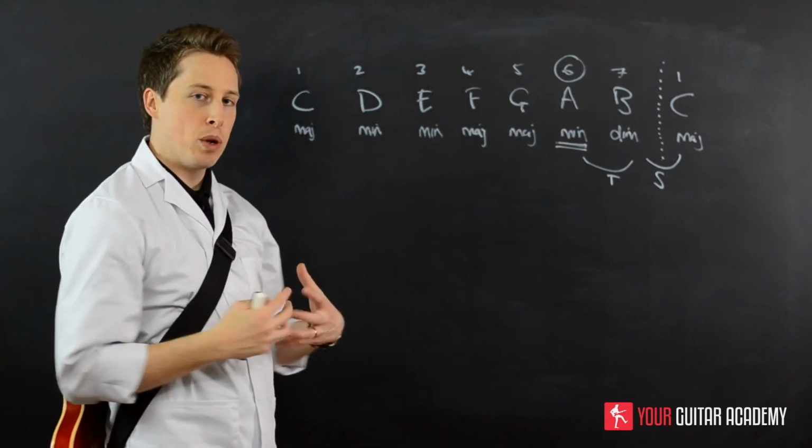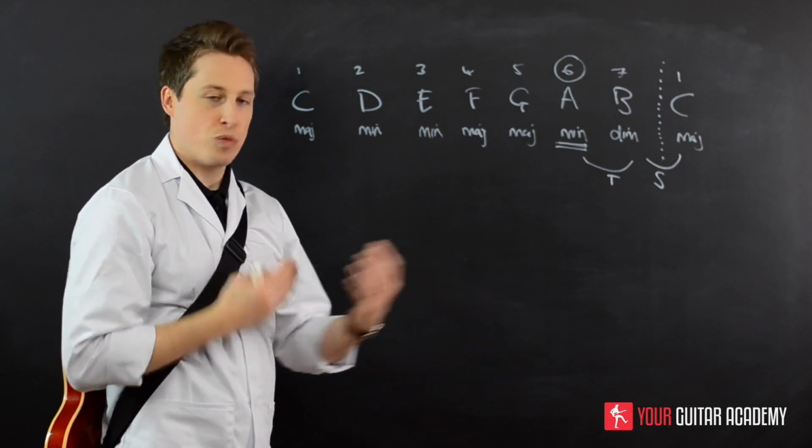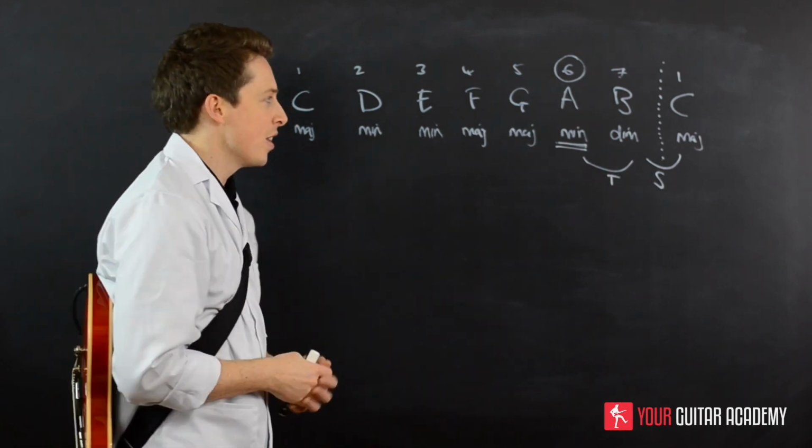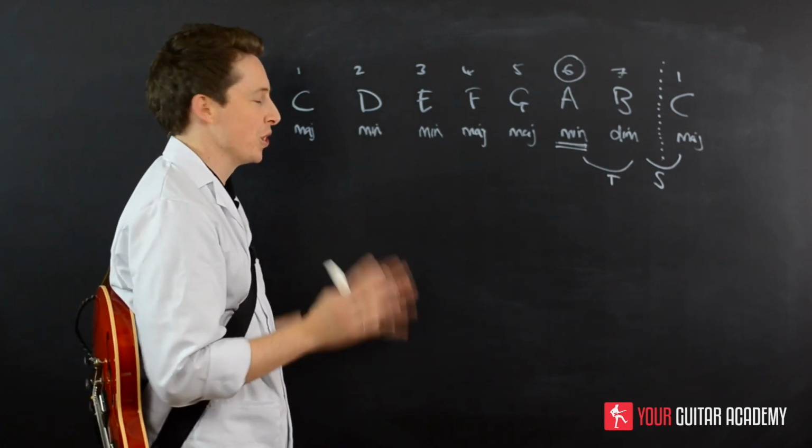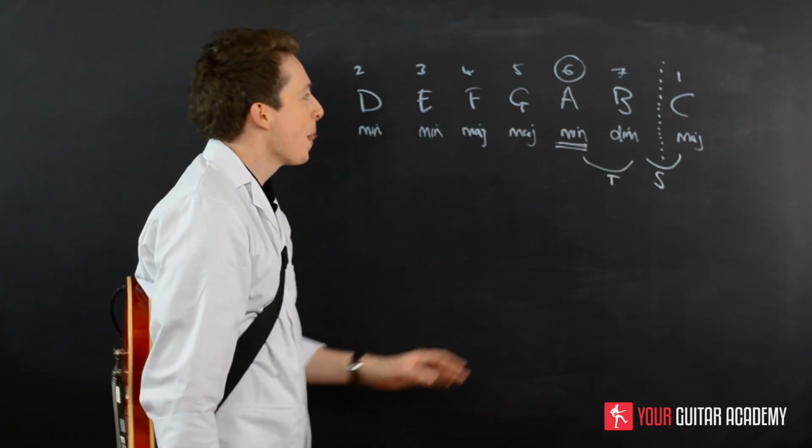So the reason we call it a relative minor is because they're related, they're the same. They're slightly more than a relative, they're a twin. Let's call it that, shall we? The twin minor, but of course it's called relative, stick with that.